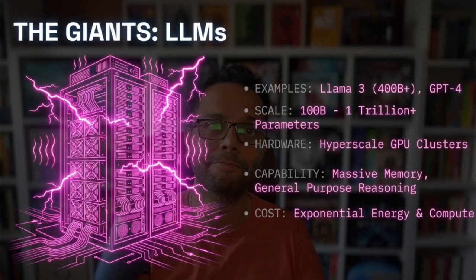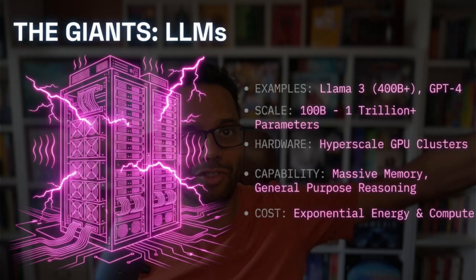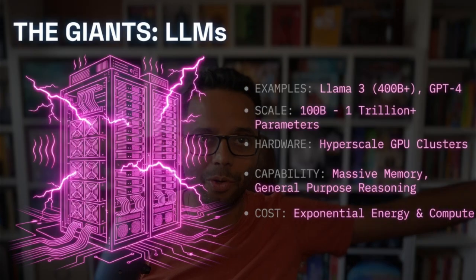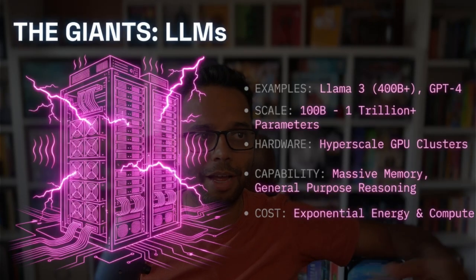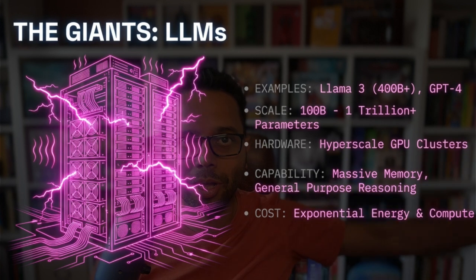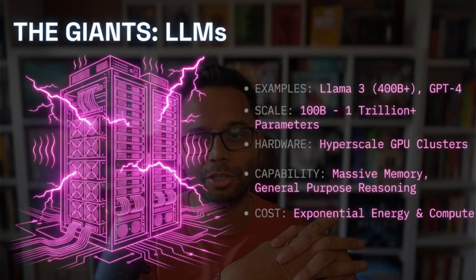Massive memory basically means their context window, what they can remember at one stretch. In some of the other videos, we were talking about the context window of these models. Gemini, for example, has 1 million. It can probably remember the entire Harry Potter book at one stretch. Now the cost is exponential energy and compute. To serve them, you need massive GPU clusters, and you have to keep them running all the time.